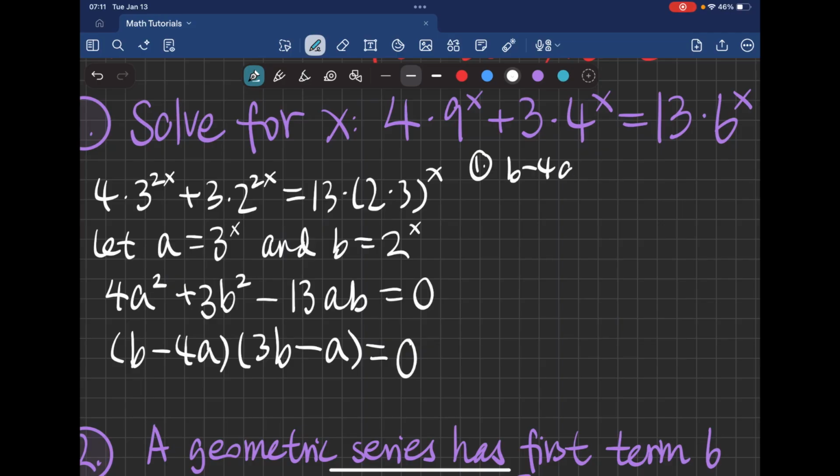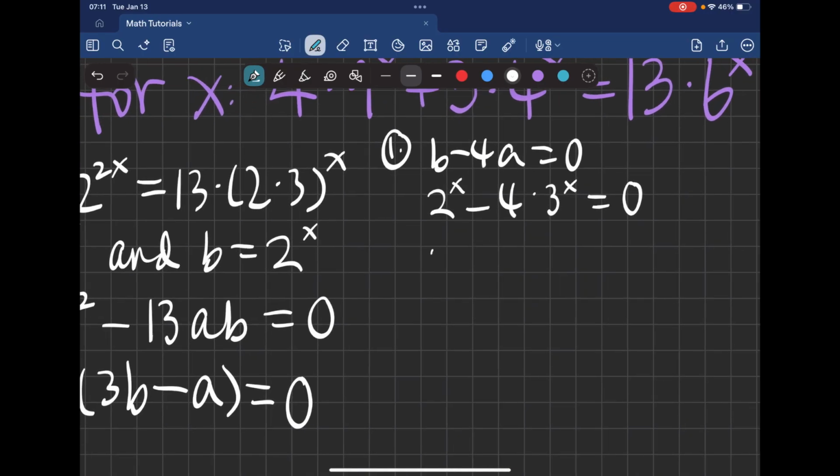b minus 4a equals 0. That means 2 to the power of x minus 4 times 3 to the power of x equals 0. So 2 to the power of x equals 4 times 3 to the power of x.